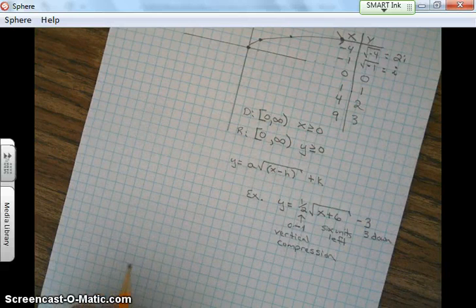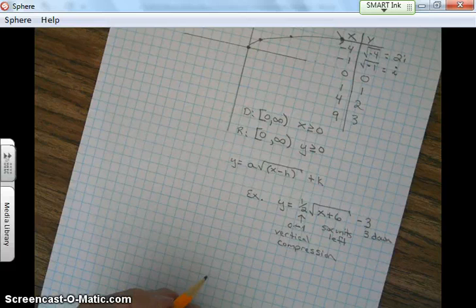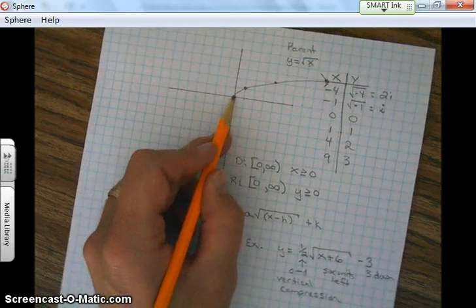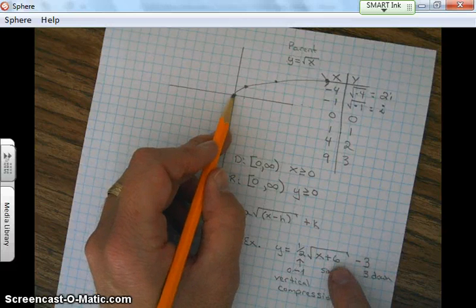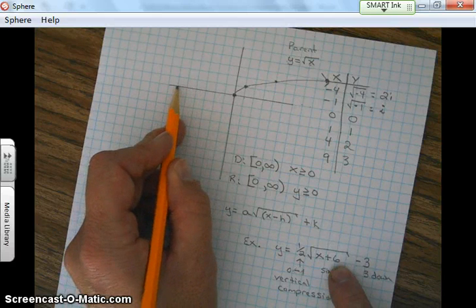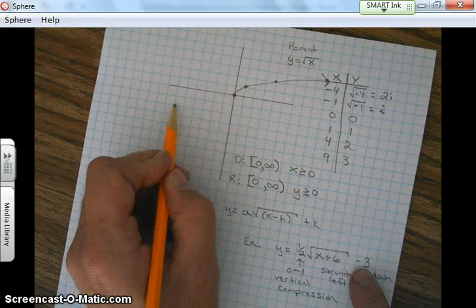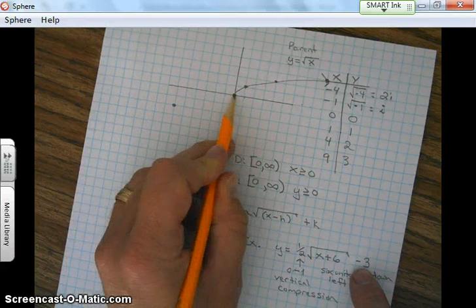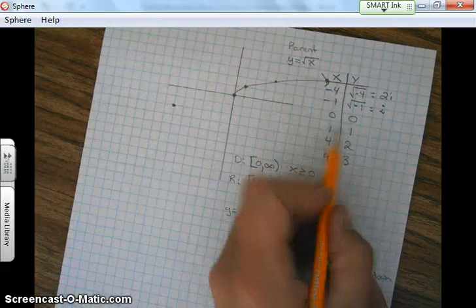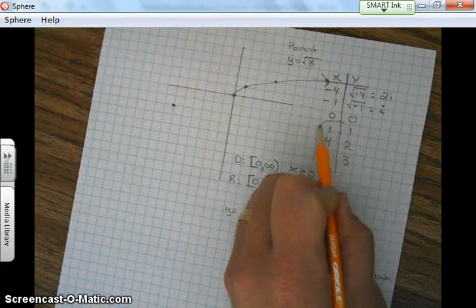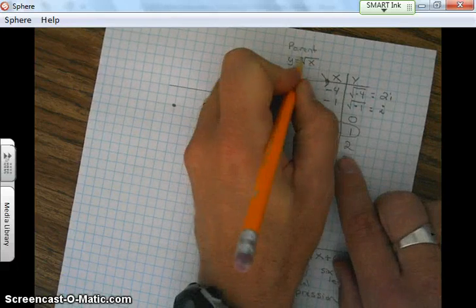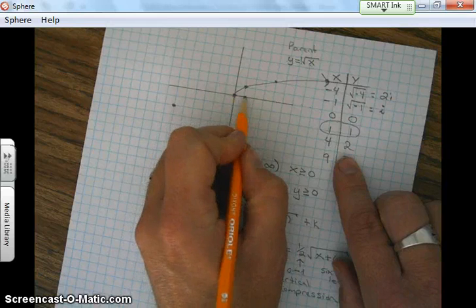So now if I was to graph this, we would start at (0, 0) of the parent. We'd go 6 to the left. So 1, 2, 3, 4, 5, 6, and 3 down. 1, 2, 3. We always do our translation first. Now, notice with the parent, our first point is 1 over, and our a value here is 1. So over 1, up 1.